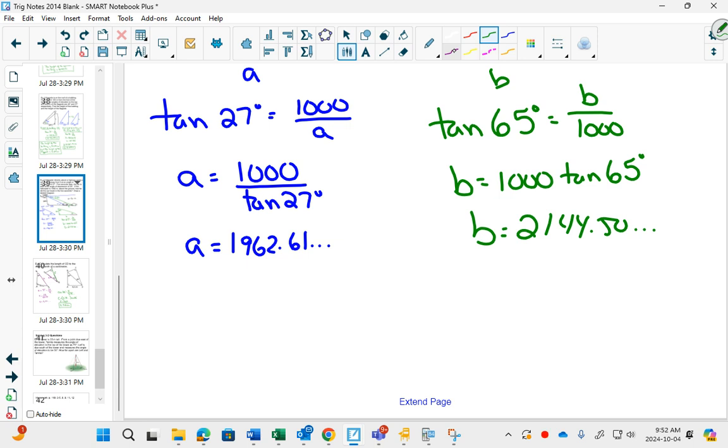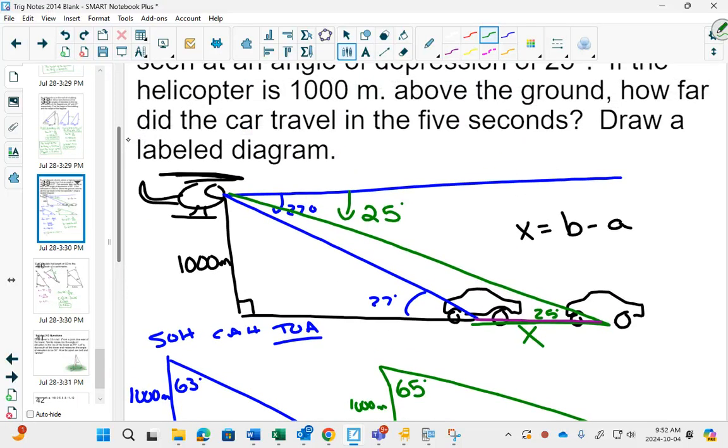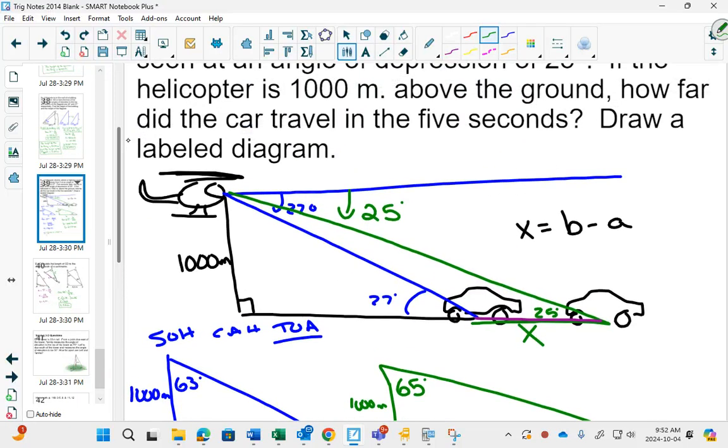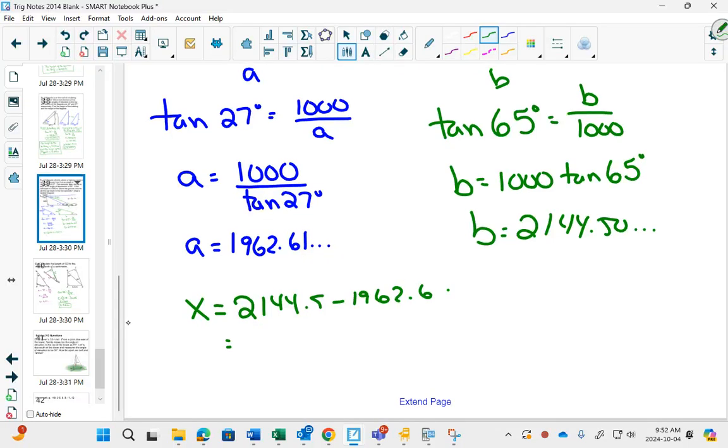And if we subtract them, does it say what to round to? No. I'll round to one decimal place.